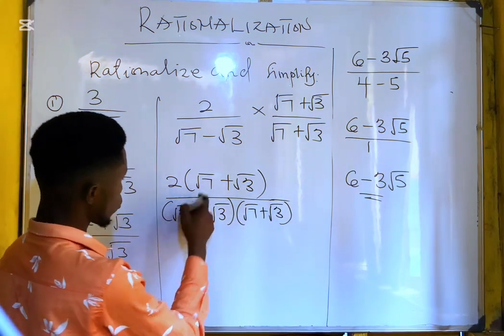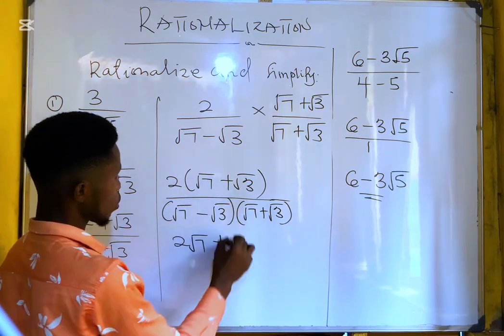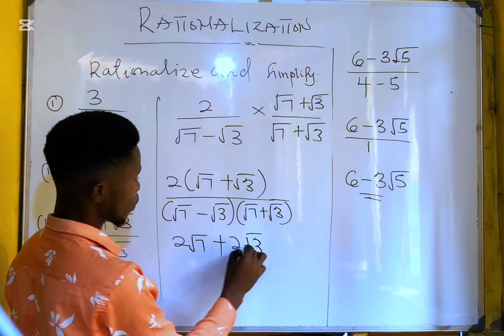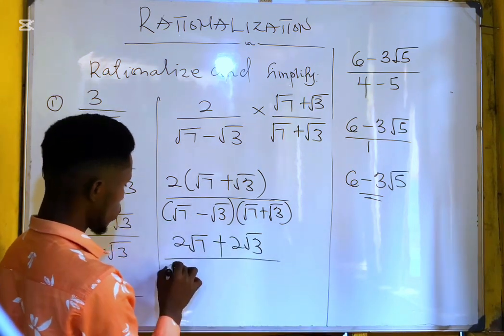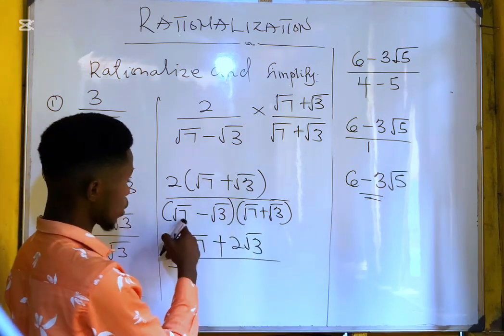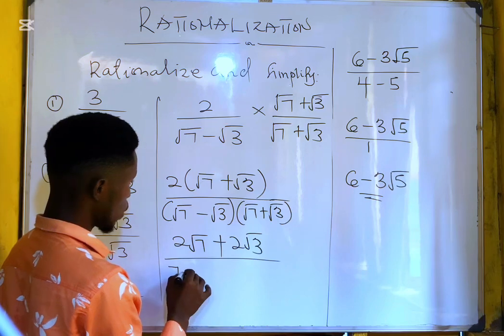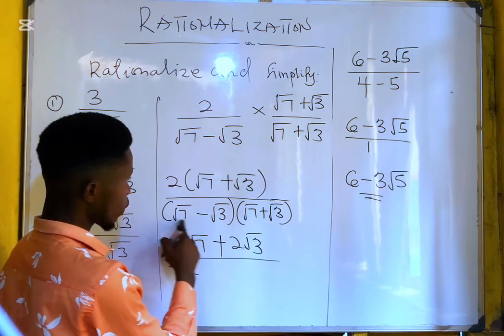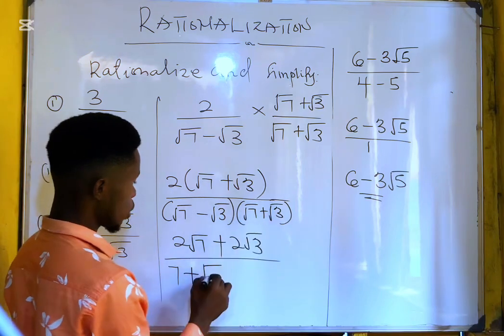So now 2 times root 7 will give you 2 root 7. 2 times root 3 will give you 2 root 3. All divided by root 7 times root 7 will give you 7, because this root 7, this root 7, the square will cancel, you write one of them. This and that will give you, so that plus root 7 times root 3 will give you 7 times 3 is 21.